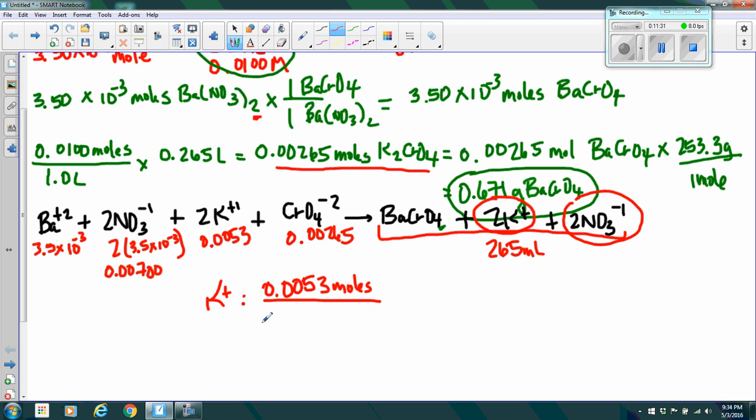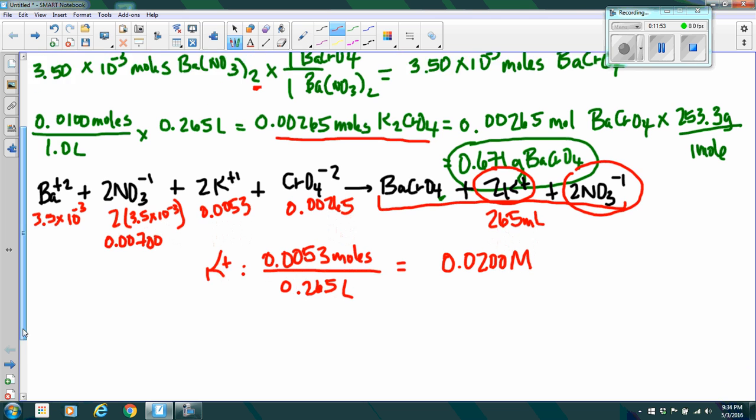And I can change that 265 to 0.265 liters. And I am going to get the molarity. And so the molarity of that is 0.0200 molarity.